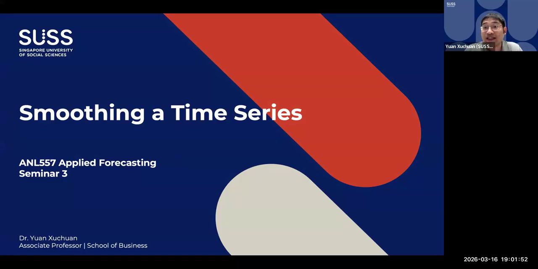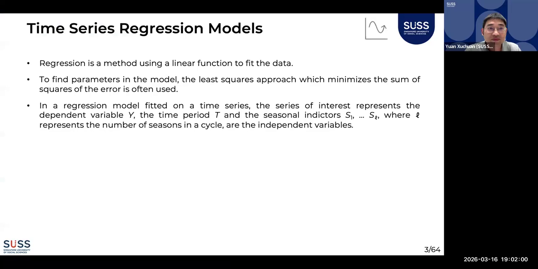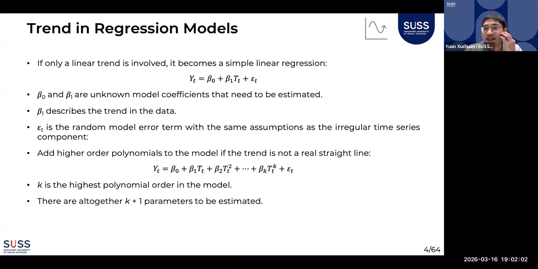So we want to see certain parts of this time series, some certain information from the time series. A time series can be decomposed into 4 components: the trend, the cycles, the seasonality, and the random factor.